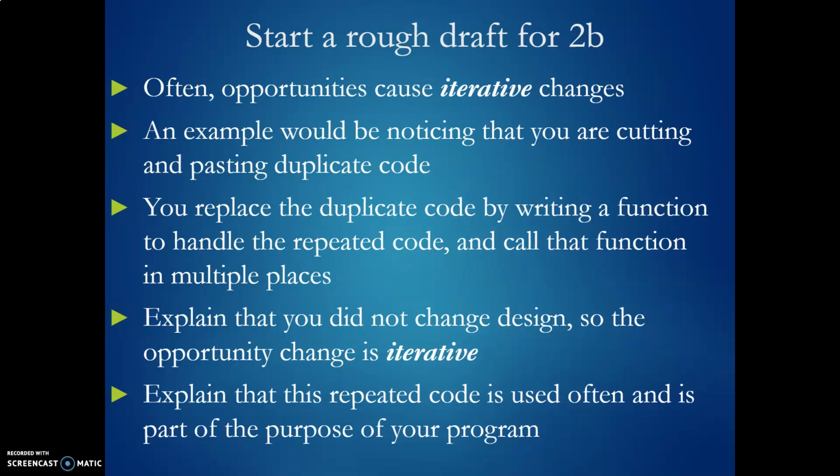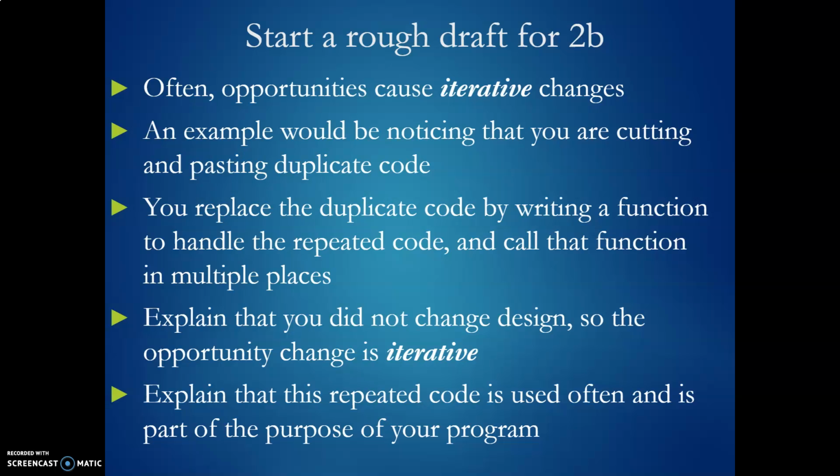As you're working and it gets later in the programming process, that's where you might make these iterative changes. An example would be that as you've been working on your program, you're writing the same kind of code over and over again, and you realize you could replace all that duplicate code by writing one function and then calling that function in multiple places in the code. That's a great opportunity for an abstraction to write about.